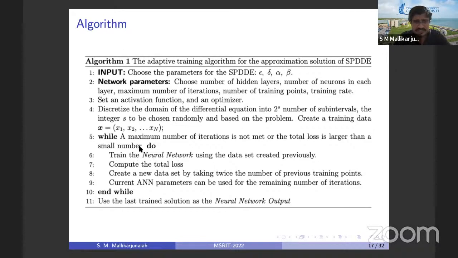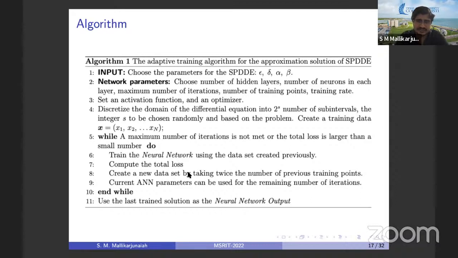You do all steps 6 to 9 if you don't satisfy the maximum number of iterations, or your overall loss is larger than some small number. We usually fix 10 to the minus 6 as the number to stop this iteration. You could choose even smaller than that.